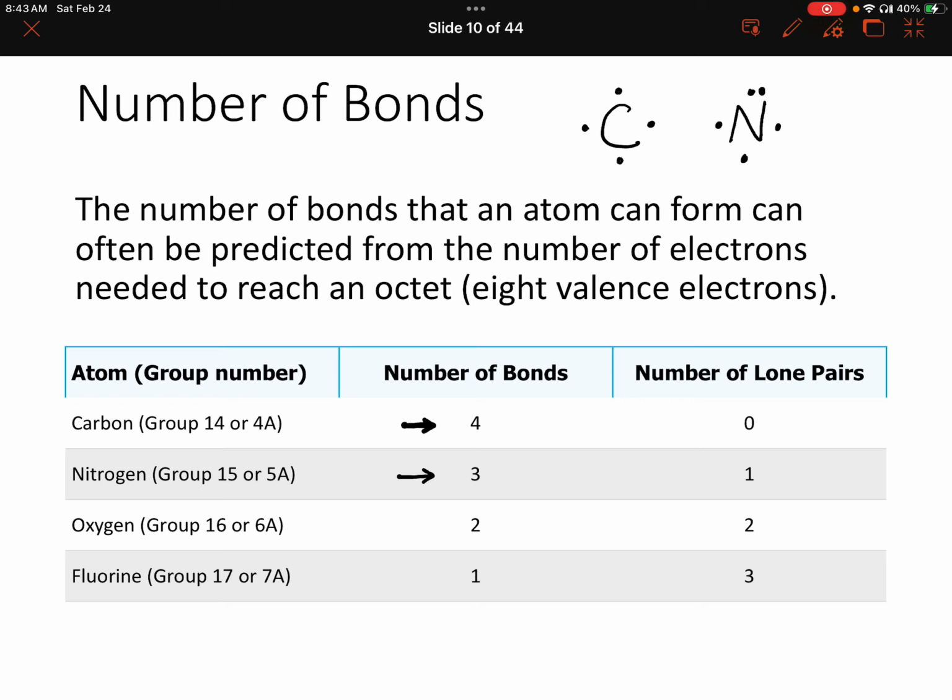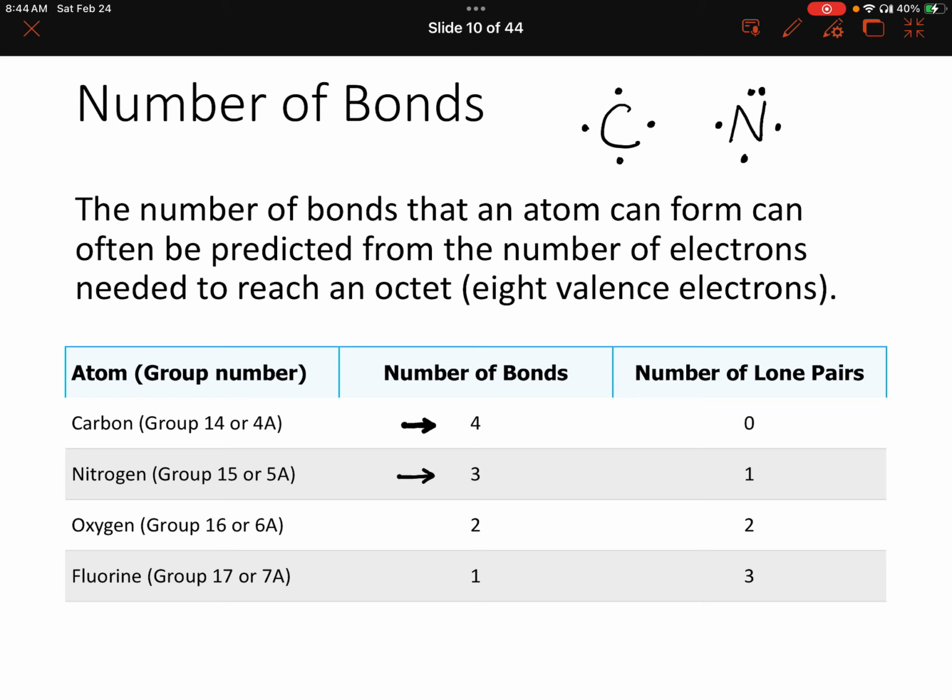The other way that you can think about it is how many unpaired electrons does each atom have? So carbon has 4 unpaired electrons, which means it can make 4 bonds, where it pairs those electrons up with other atoms. Nitrogen has 3 unpaired electrons, so it could pair those up with 3 other atoms and make 3 bonds.